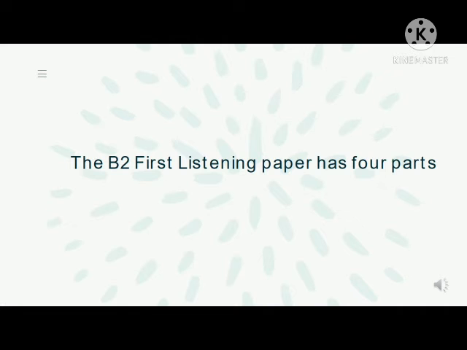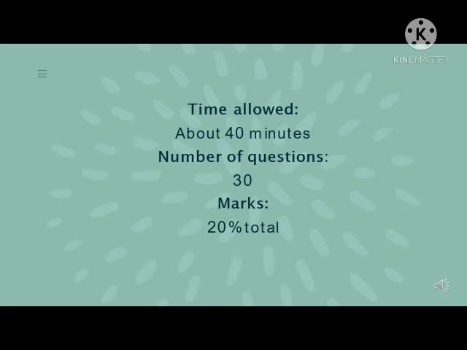Learners can hear each recording twice. The time allowed for this paper is about 40 minutes. The number of questions is 30 and it has 20% of the total marks in the exam.